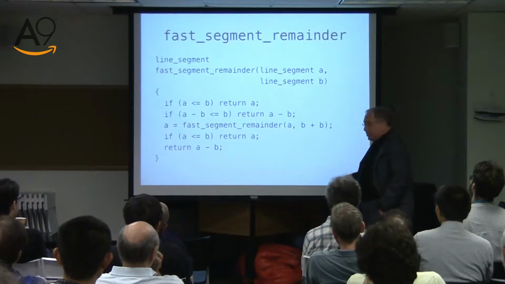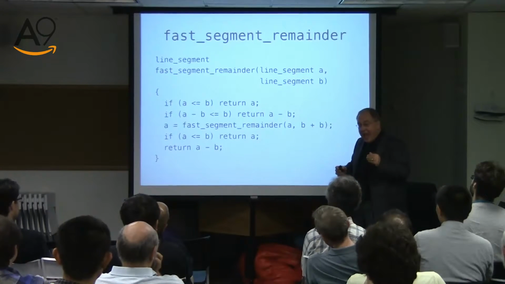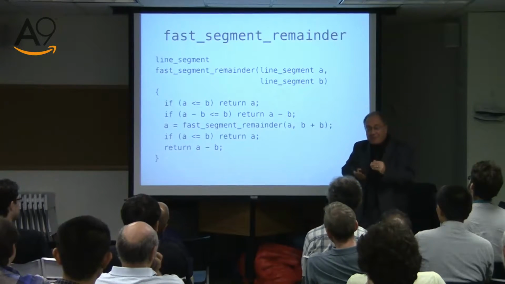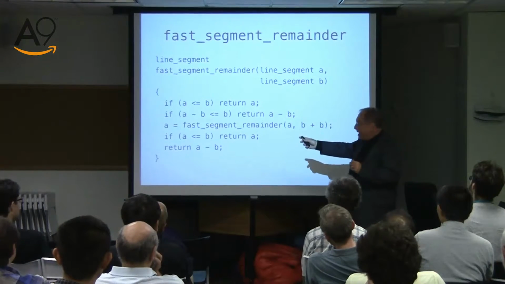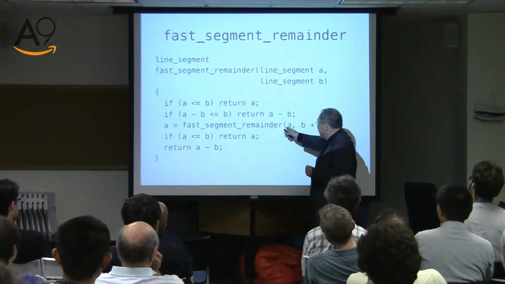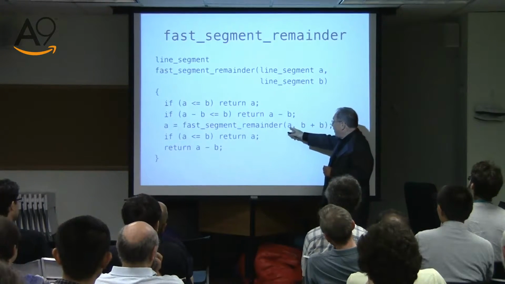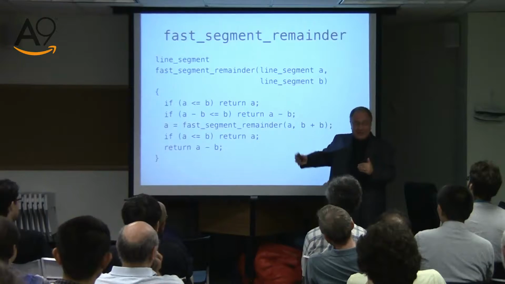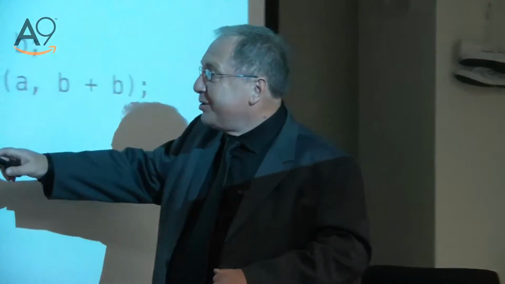Otherwise, what do we do? We do this absolutely unbelievable step. We do upward recursion. We say, let us do fast segment remainder of A and B plus B, with double B. And somehow, by hook or by crook, it will compute it. We don't know why, but we rely on that.